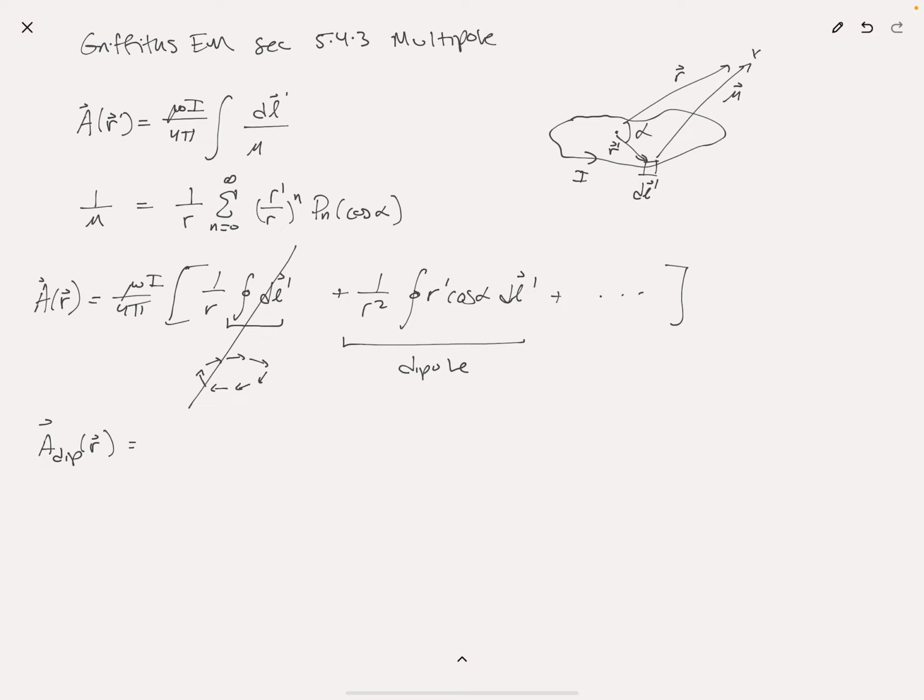And therefore, we can ask specifically about the dipole term. What does that look like? Well, mu naught I over 4 pi, 1 over r squared, integral of r prime cos alpha dl prime. And just like we did previously, we're going to use this expression to build a moment.